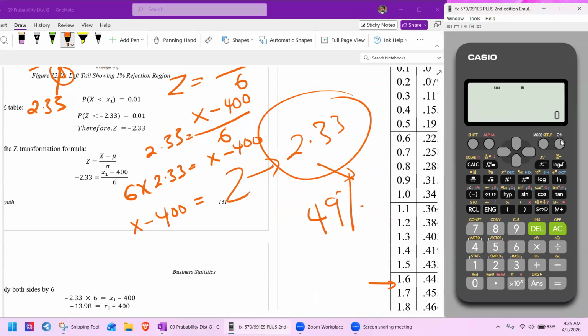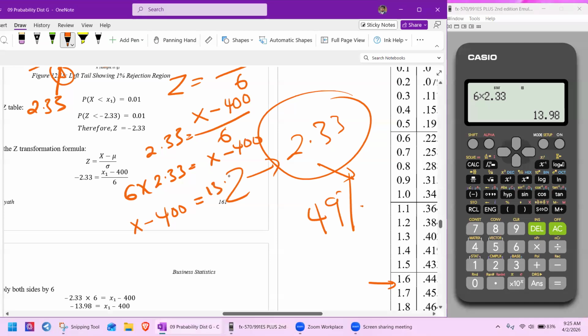Now, X minus 400 equals 6 times 2.33, which is 13.98. So X equals, it will go to that side, plus.